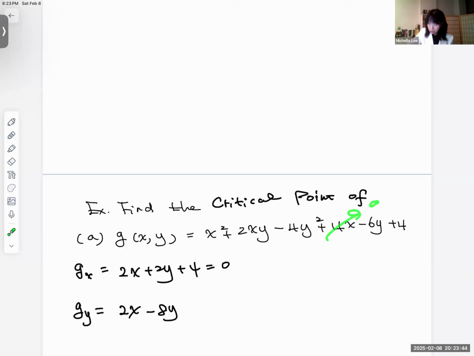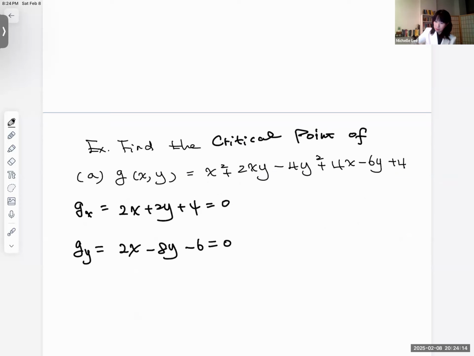And then we get negative 6, and then 0, so negative 6 equal to 0. We have 2 variables, so we need to find x and y in Calculus 3, right? How? We need to make a system of equations. This is a system of equations.